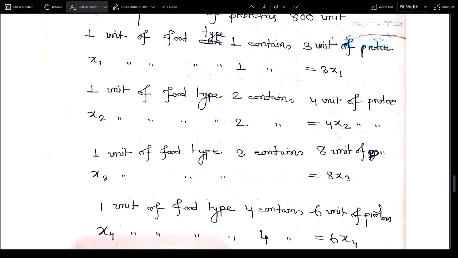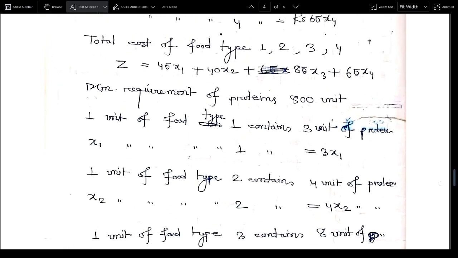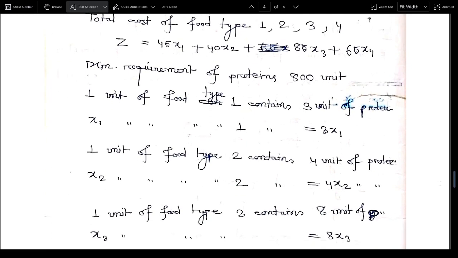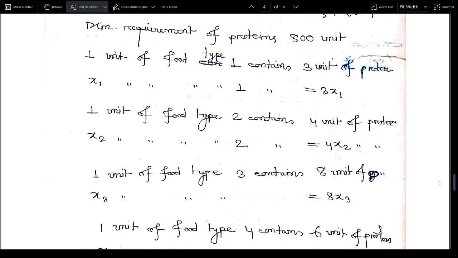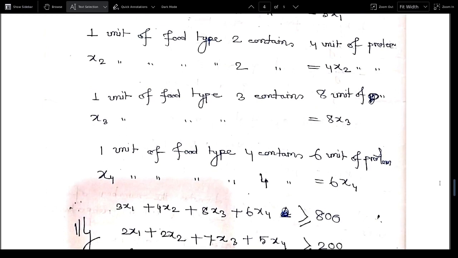Similarly, 1 unit of food type 4 contains 6 units of protein, so x4 units of food type 4 contain 6x4, right? So this is the protein restriction. The total will be 3x1 plus 4x2 plus 8x3 plus 6x4.